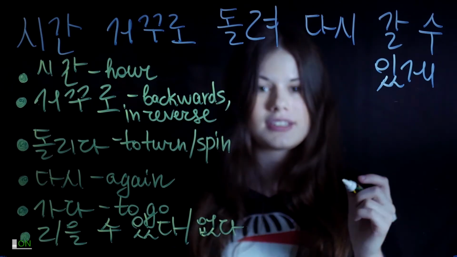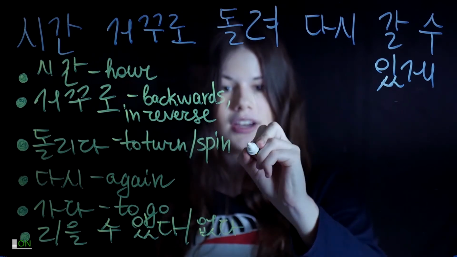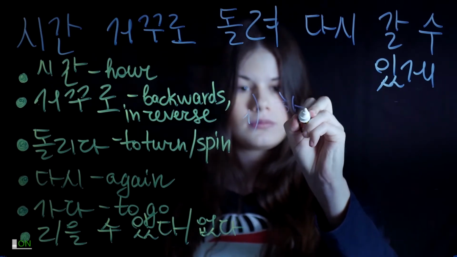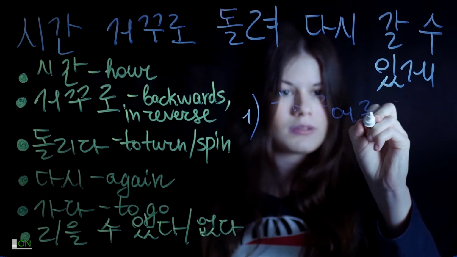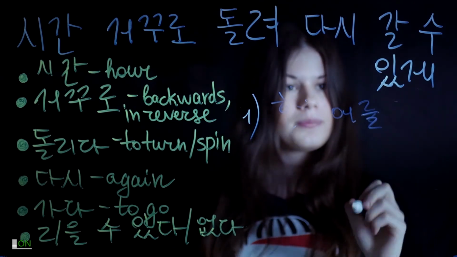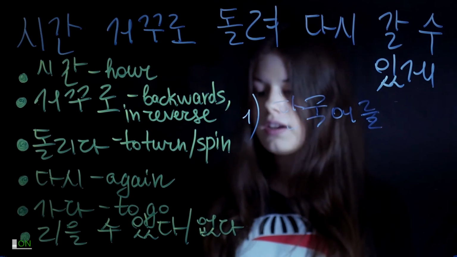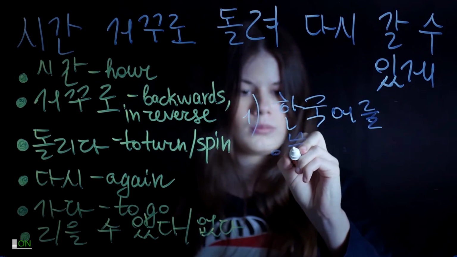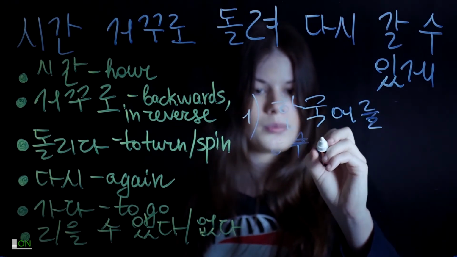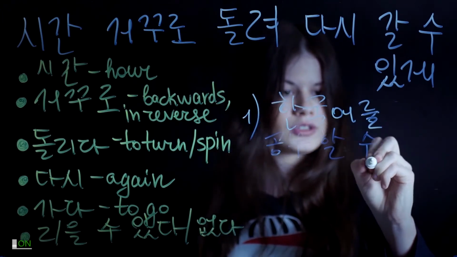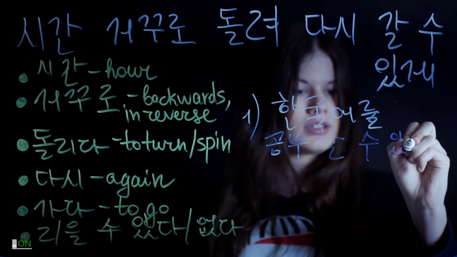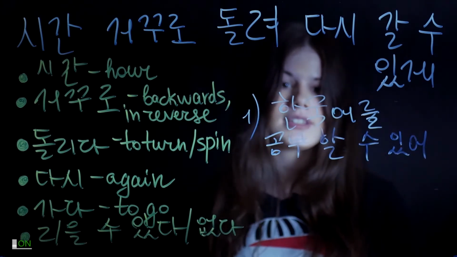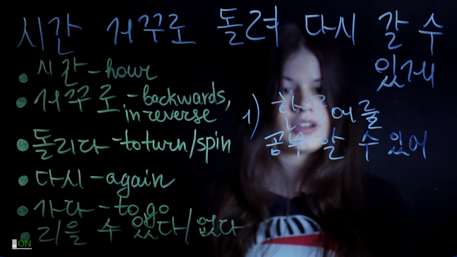For example, let's take some example sentences. First one with 있다 will be, for example, 한국어를 공부할 수 있어. 한국어를 공부할 수 있어 means I can study Korean.